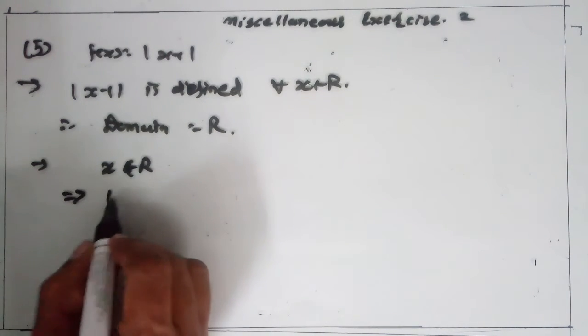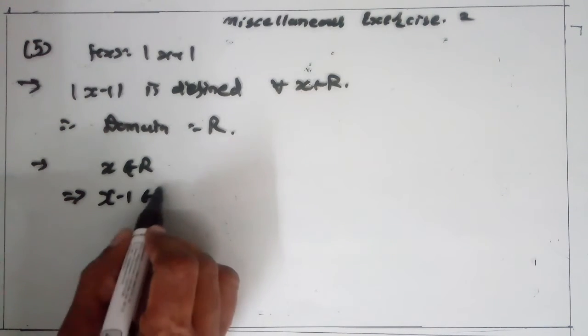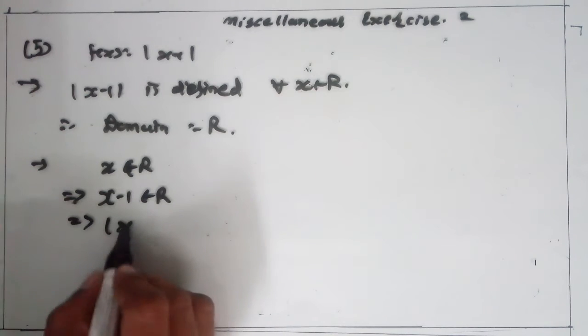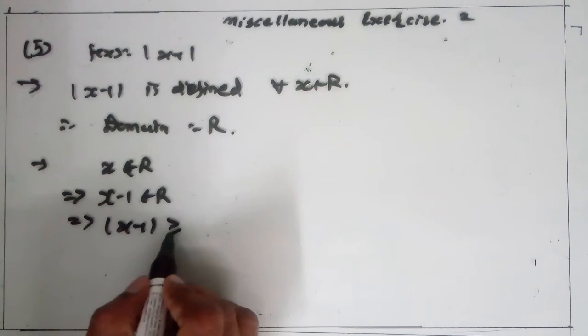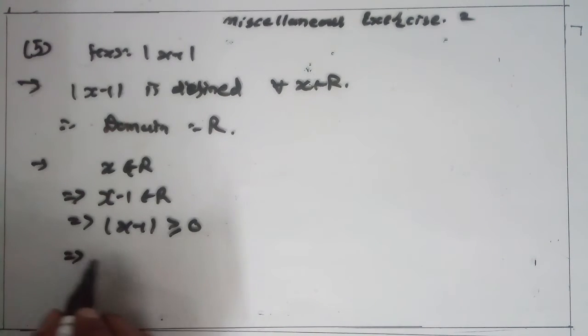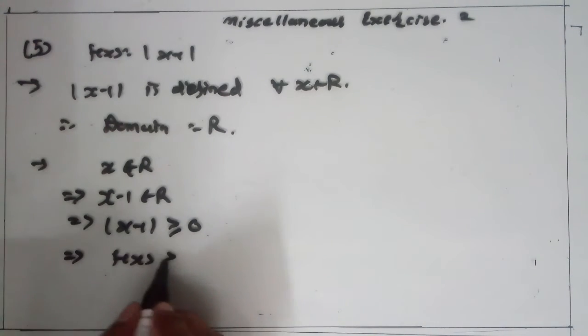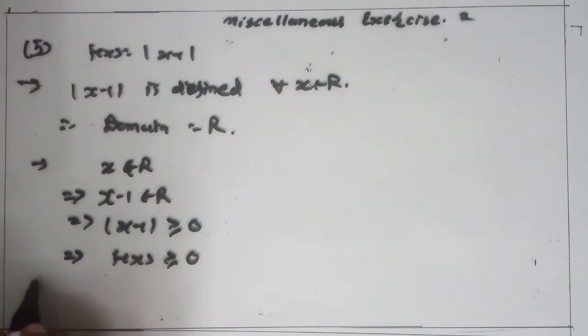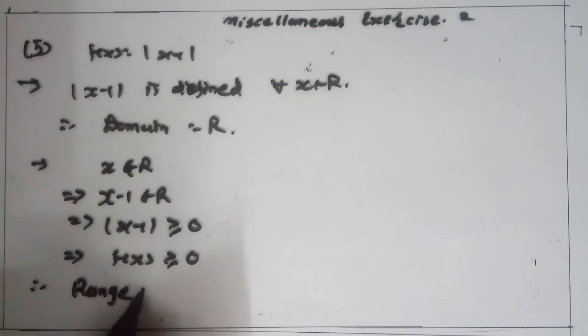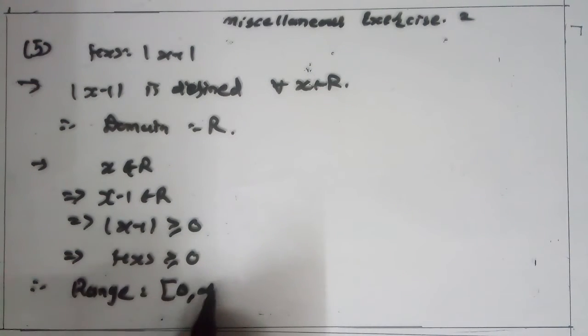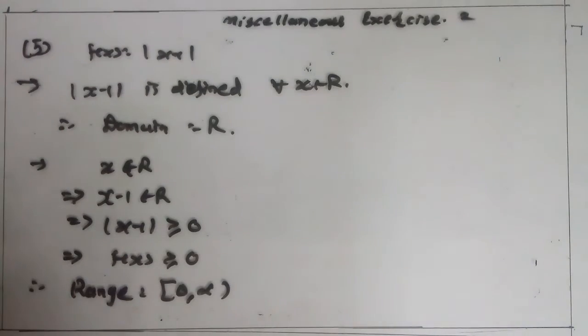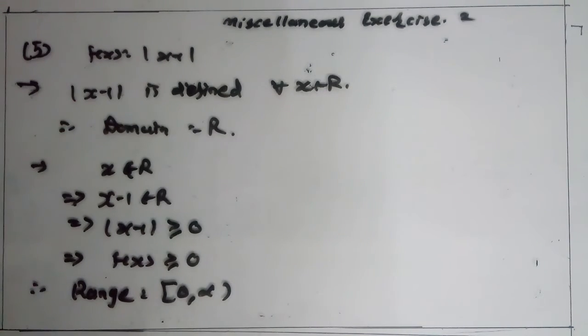This implies x minus 1 also belongs to R. This implies mod of x minus 1 is greater than or equal to 0. So this implies f(x) is greater than or equal to 0. Therefore the range of the given function is equal to the closed interval 0 to infinity. Clear? So domain is R and range is the closed interval 0 to infinity. Clear this?